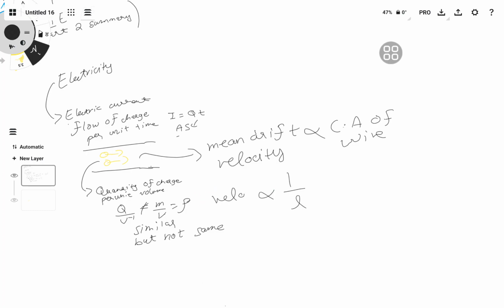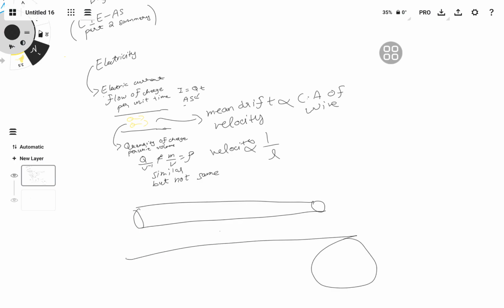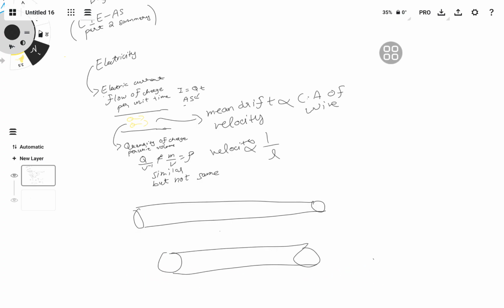So basically if we have this wire here, a bit short, and this very long wire, let's make this shorter, and then we have this wire, a bit shorter, and that one has 2 times the cross sectional area.